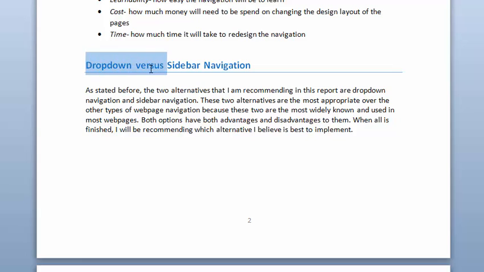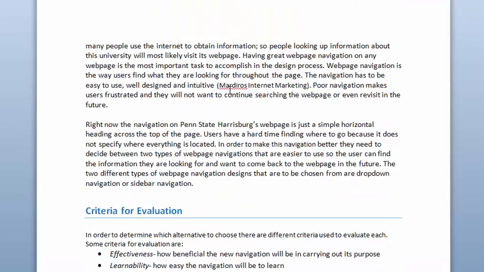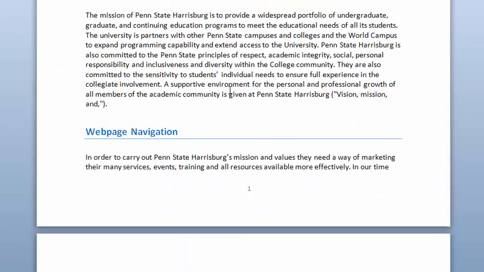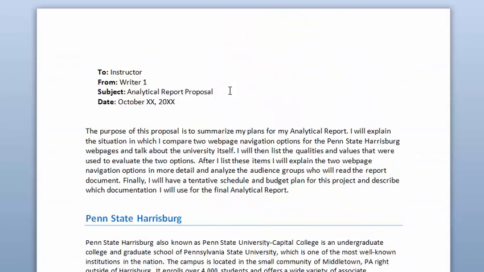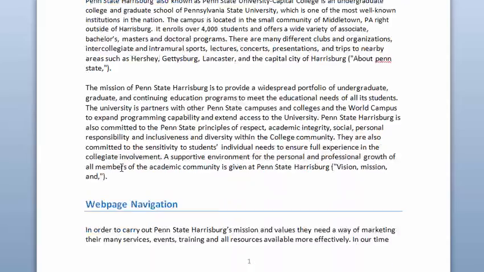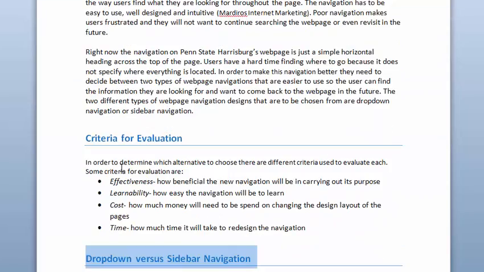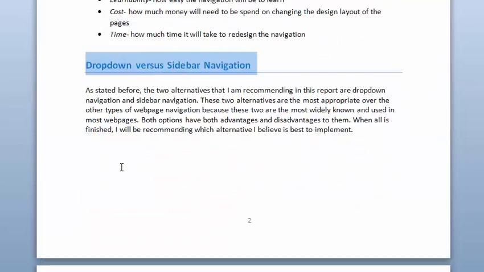And then we have drop-down versus sidebar navigation. Now, the first observation I would make is that because this writer has begun utilizing descriptive headings, I already know a great deal about the proposal just by looking at the headings. I know, for instance, that the proposal has something to do with the choice between drop-down and sidebar navigation for Penn State Harrisburg's web pages.